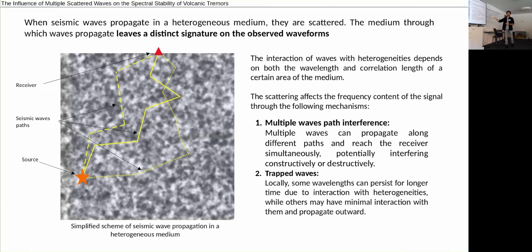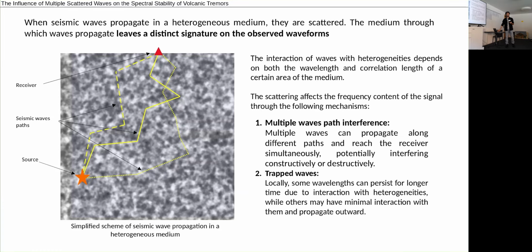And then we could have another effect, which is that in some areas, due to the characteristics of the medium, we can have some trapped waves, which is a kind of resonance-like thing.